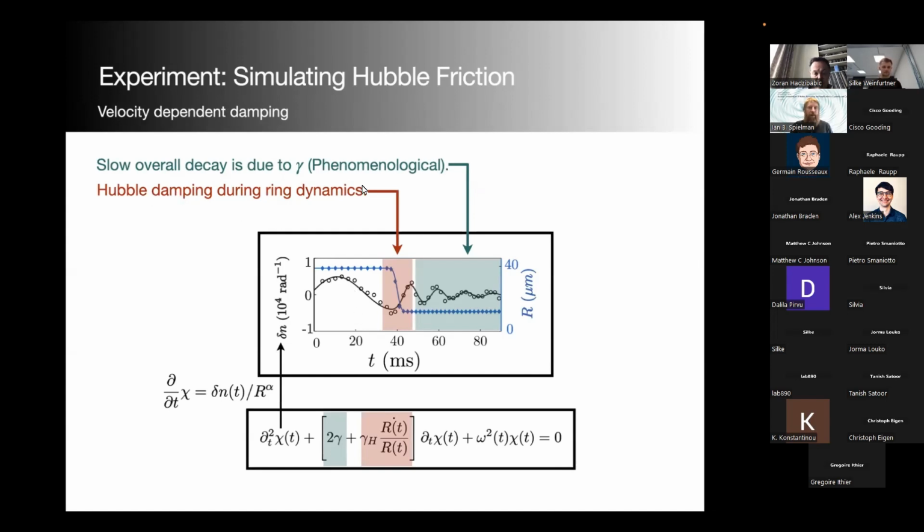All the Hubble damping dynamics occurs while the expansion or contraction is taking place. There is slow damping, which we include phenomenologically, occurring at all times, but in particular after the expansion or contraction. And as an additional fit parameter, we have the alpha, which was living in the frequency.